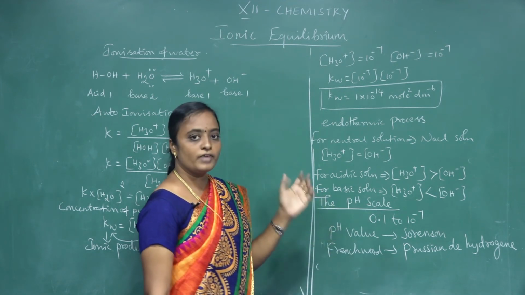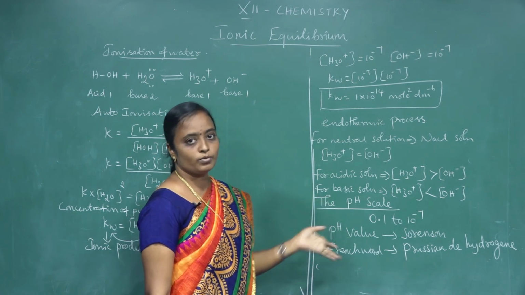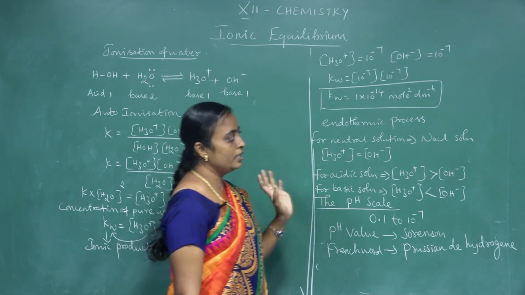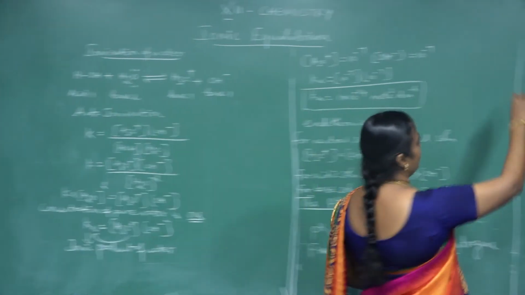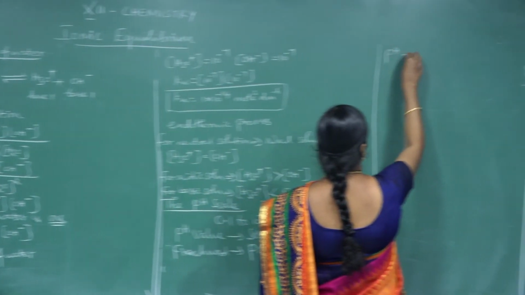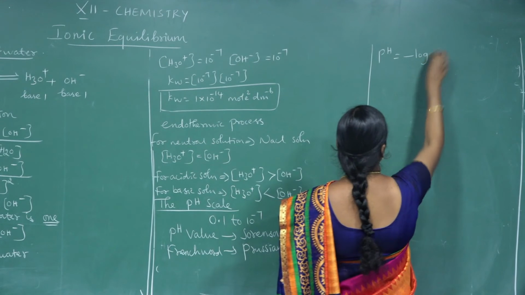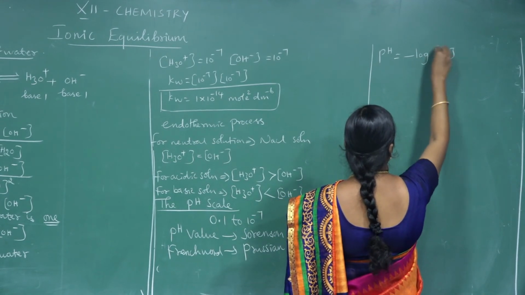What is the formula for pH and pOH? So first, how can you define the pH value? pH we can define as minus log of H plus.